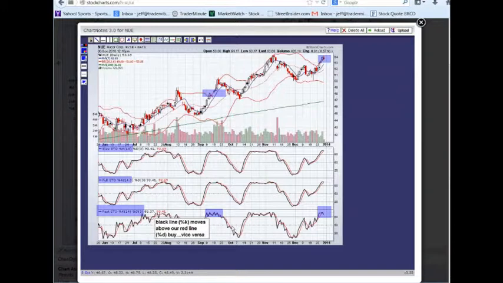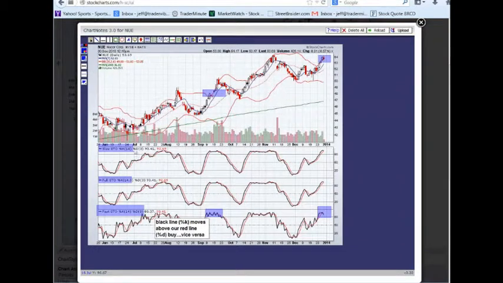So what did they try to do? Well, they tried to smooth the stochastics oscillator. They essentially said, okay, let's take our percent D from our fast stochastics, and let's make that the percent K for the slow stochastics. So the percent K for the slow and the percent D for the fast are the same thing.